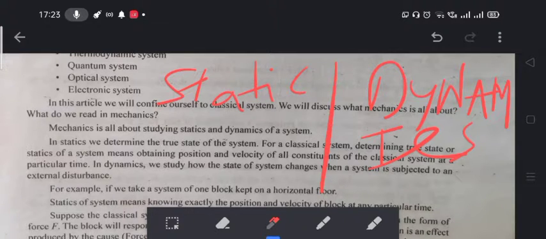So for a classical system at a particular time, in dynamics we study how the state of the system changes when the system is subjected to an external disturbance. For example, if we take a system of one block kept on a horizontal floor, the block's position at that particular instance tells us about the statics of that time.